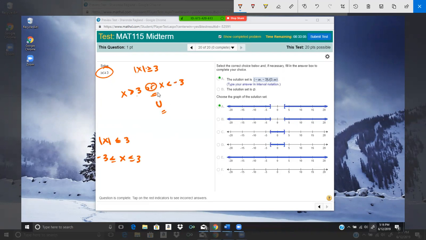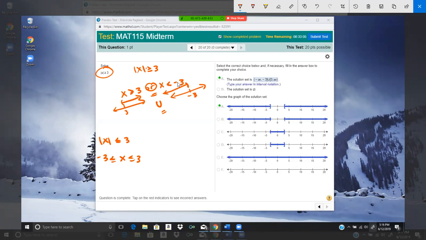If we look at this first one, x is greater than 3. Let's put 3 here. Open at 3, going greater, that way. And then x is less than -3, so if we have -3 here, open, and these are less than.